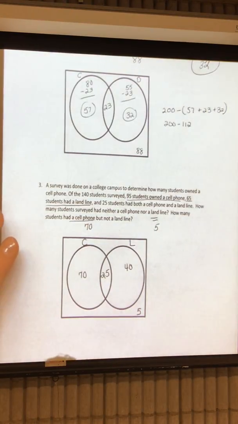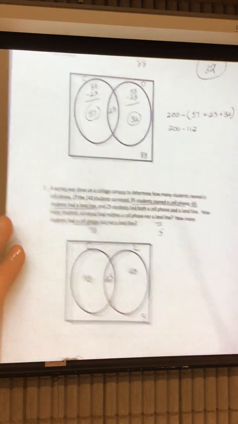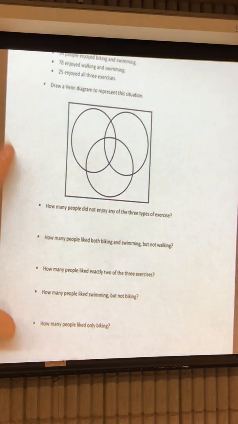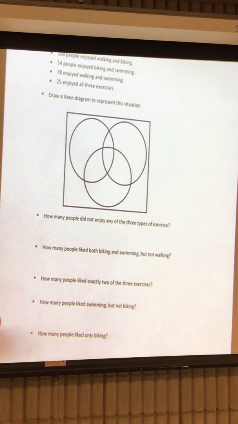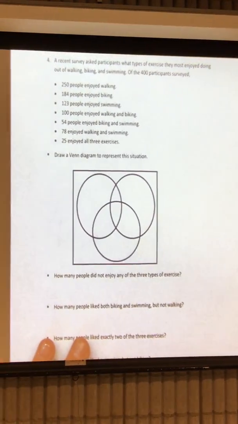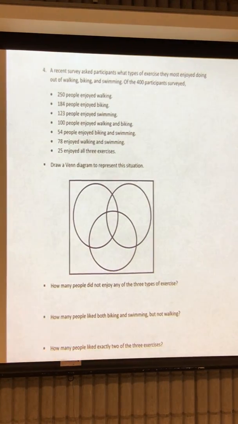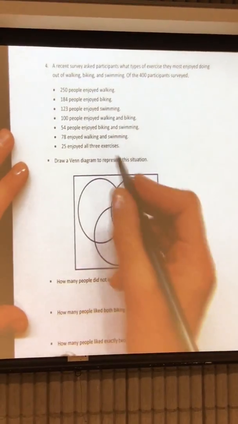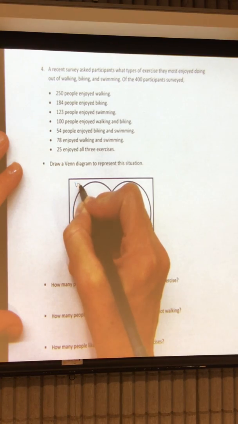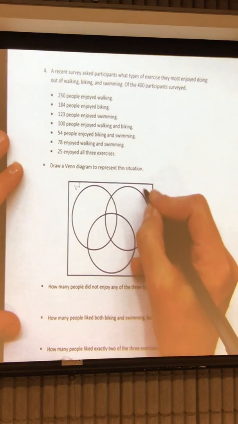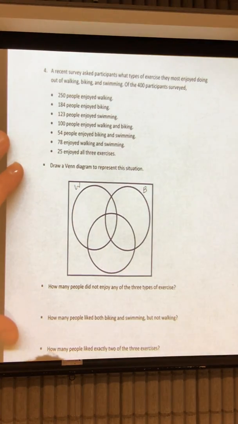Now let's move on to number 4. And here now we have 3 Venn diagrams. So we first are going to start with all 3. So let's call this one the walking. We'll call this circle the biking circle.